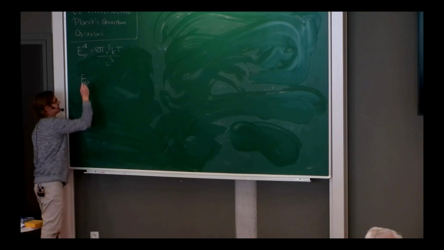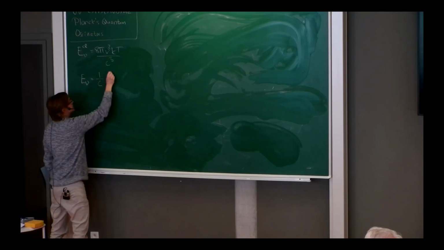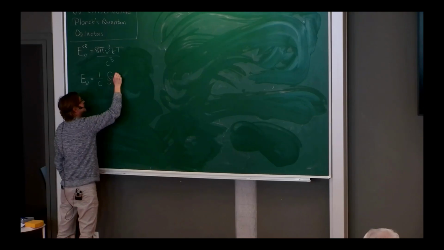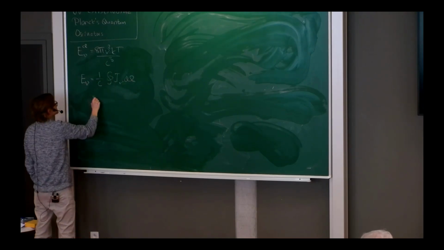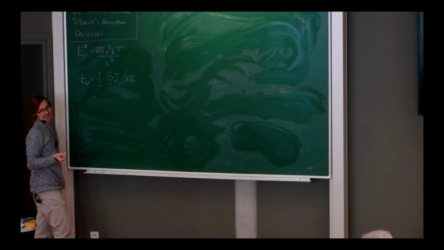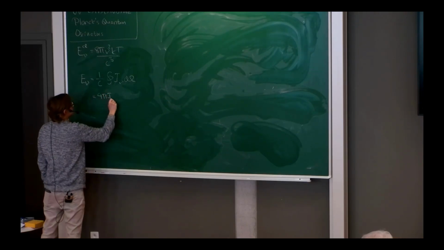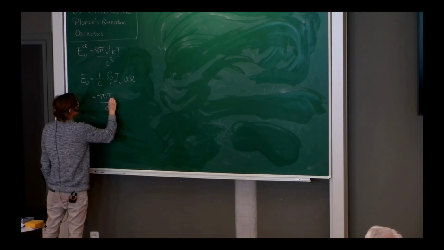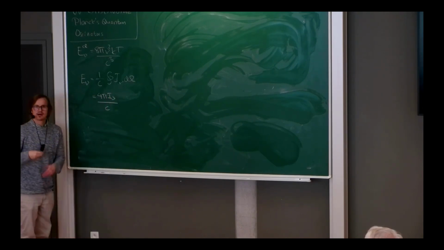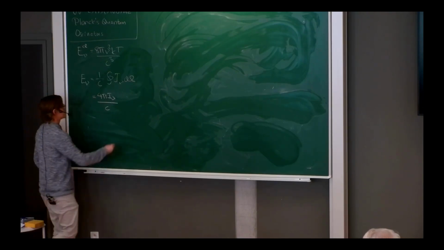Remember that E nu in our transfer language was 1 over c times the solid angle integral of I nu d omega. Here we see that it's isotropic, so we can just take it out. That's just 4 pi I nu divided by c. We're in the blackbody situation, so we already discussed the properties of this.